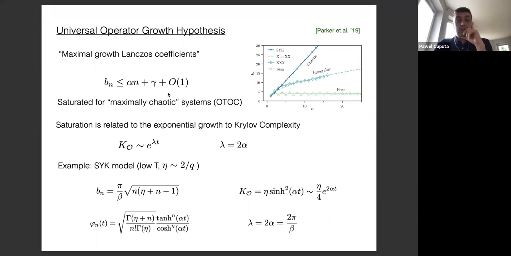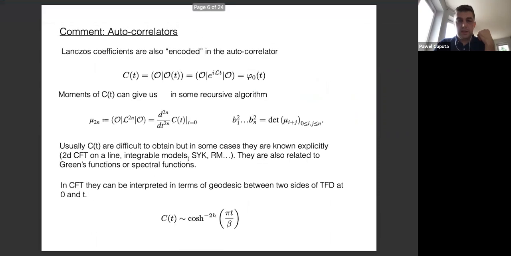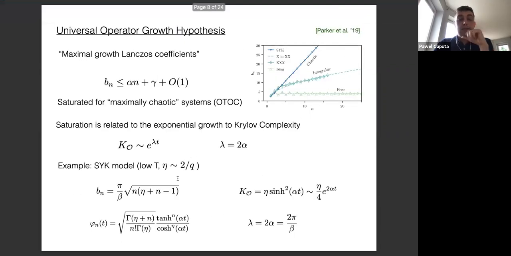And you can do this explicitly for the so-called SYK model. You can think about this model, as I told you here, as the model given by this autocorrelator, inverse cosh. Then once you go through this Lanczos procedure, you find that these Lanczos coefficients have this form: pi over beta, square root of n times (eta plus n minus 1).